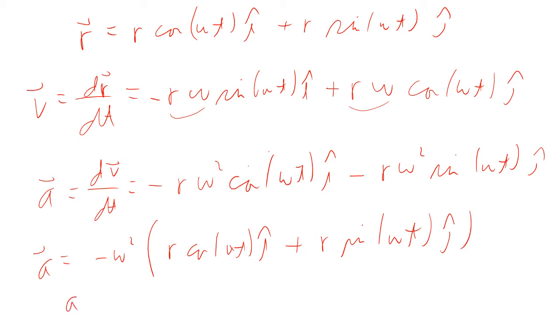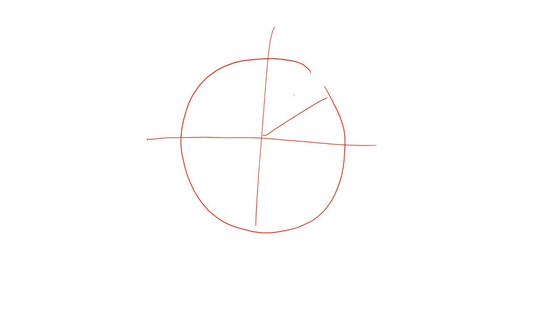Well, that is just r. So what this means is that your acceleration is exactly opposite r. You just multiply by omega squared. So in our circle here, what does this mean? From the origin right here, this is r. That's my r vector.